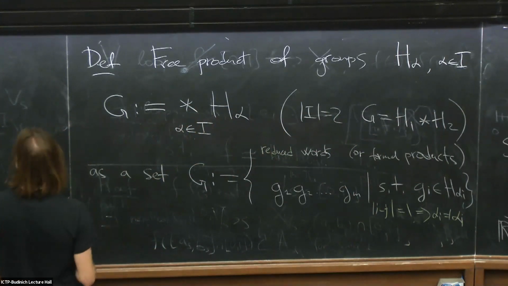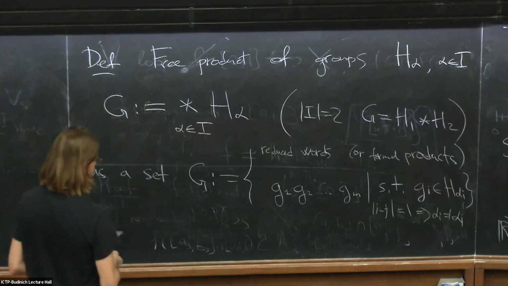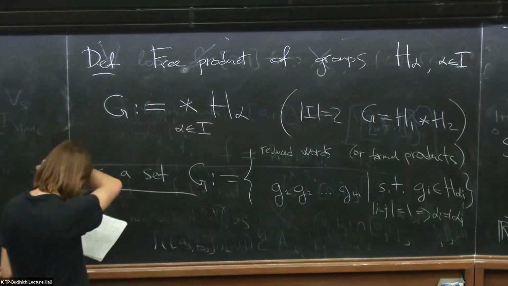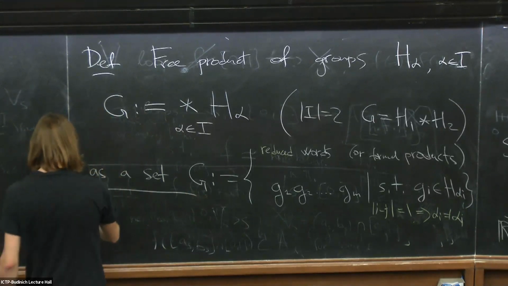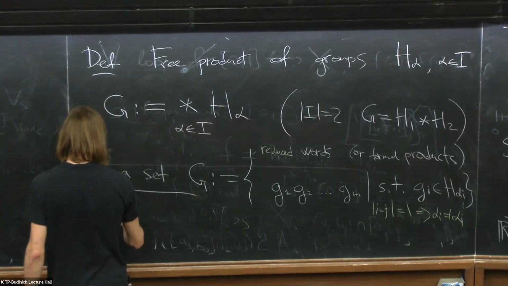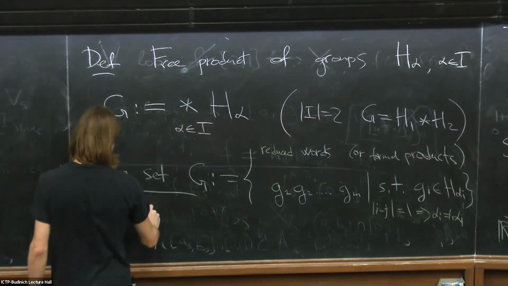Okay, this defines G as a set, but we want to define it as a group, so we need multiplication between a pair of elements.